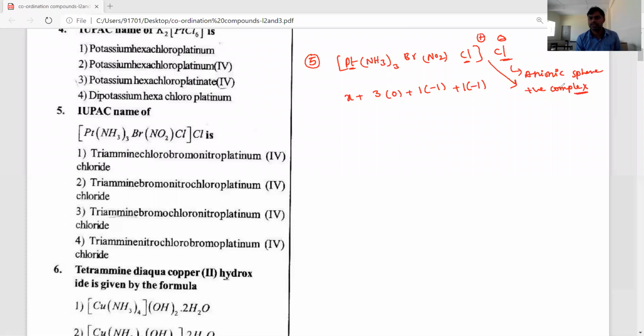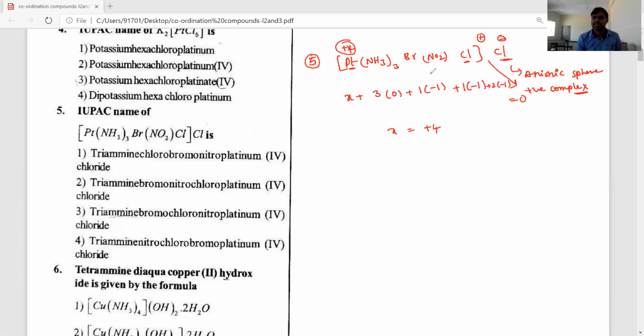Okay students, now 2 into -1, so X is equal to +4. So the oxidation state of platinum is +4.